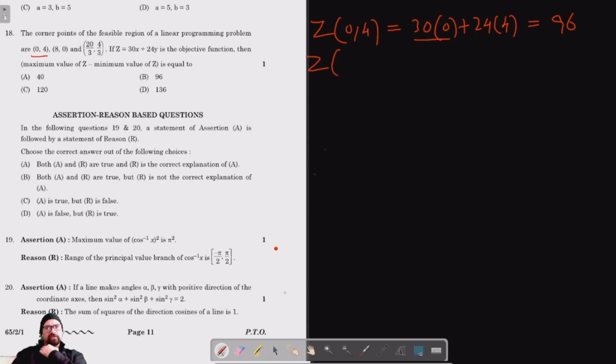Value of the objective function at (8, 0) is 30 into 8 plus 24 into 0, which is equal to 240.